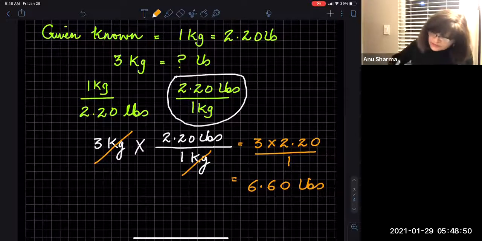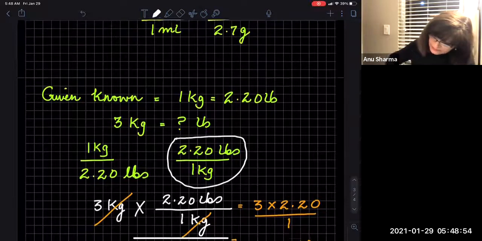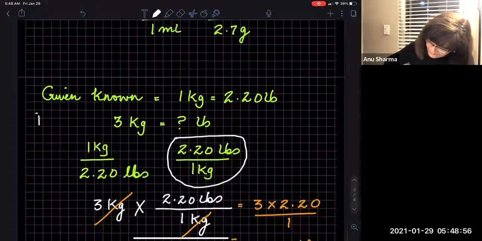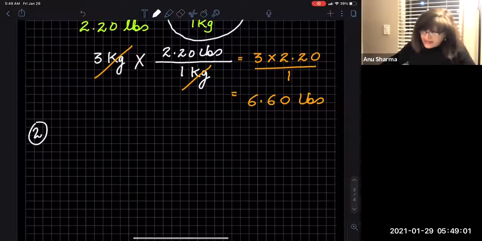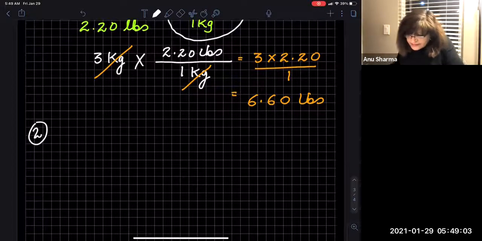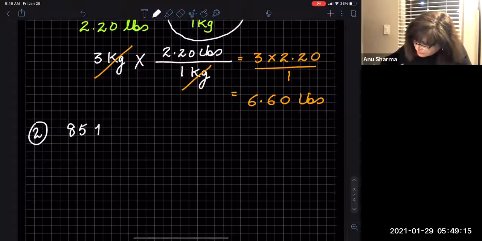Okay, so this is one way. Next, let's look at a few more examples. This is one example. Let's look at some other examples. Let us say you are given 85 kilometers per hour, for example somebody running a race, or the speed of a car.